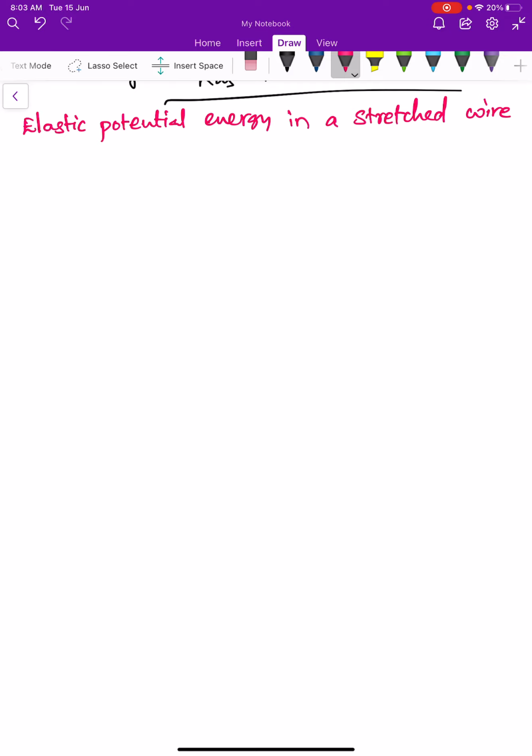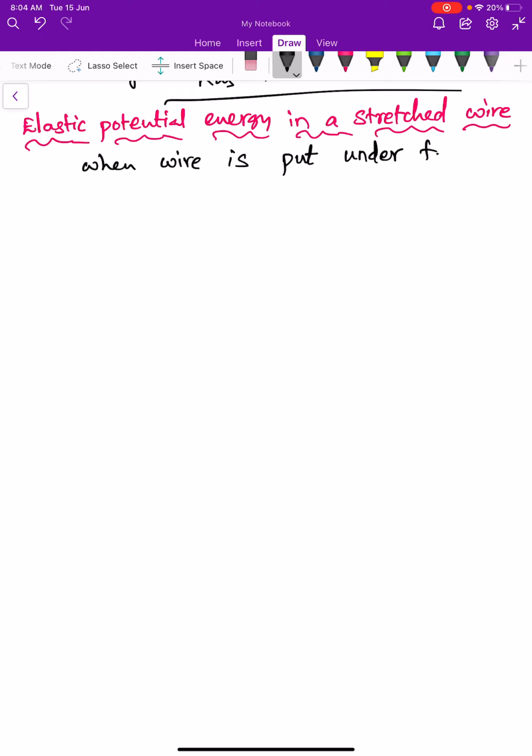When a wire is put under some deforming force, there is an increase in length when the wire is put under tensile stress. Tensile is nothing but, in the case of tensile, the length of the wire will be increased. Under tensile stress, there is an increase in length.